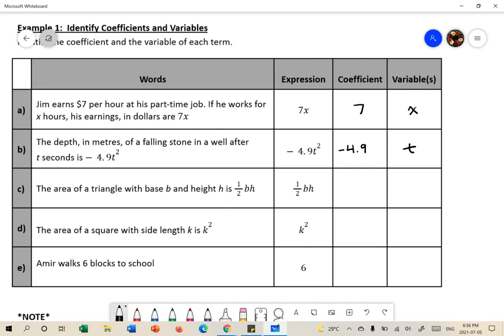Next, the area of a triangle with base b and height h is 1/2 times base times height. So the expression is 1/2 bh. The coefficient here is 1/2, and there are two variables, b and h.